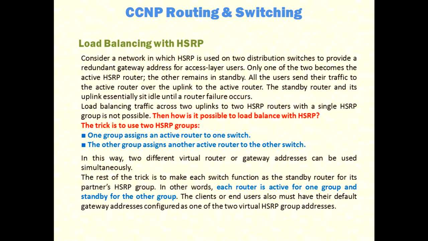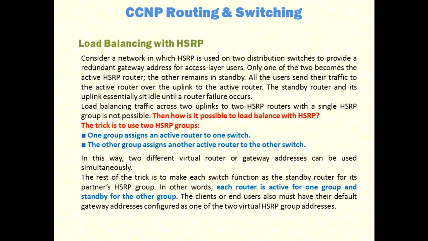The other approach is the following. We can have different HSRP groups for different VLANs, and that gives us some load balancing. You can assign the data VLAN interface to HSRP group 1 and the voice VLAN interface to HSRP group 2.